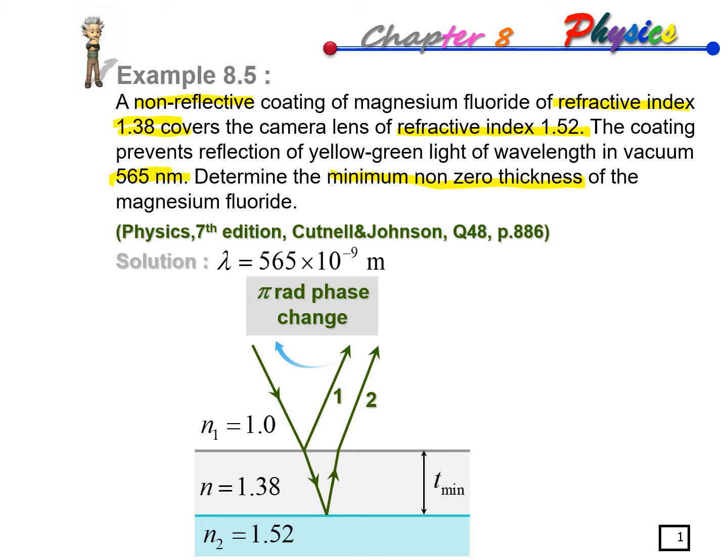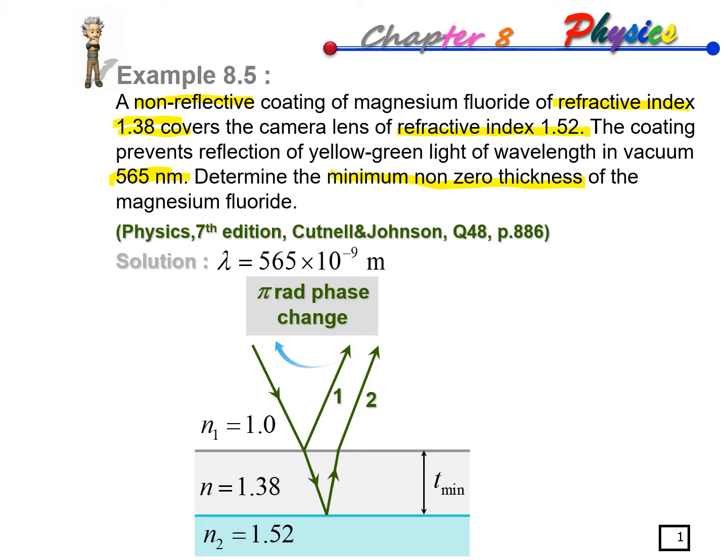reaches the medium N2, for example, and it will be reflected also. The medium of reflection over here has a higher refractive index, 1.52, compared to 1.38.